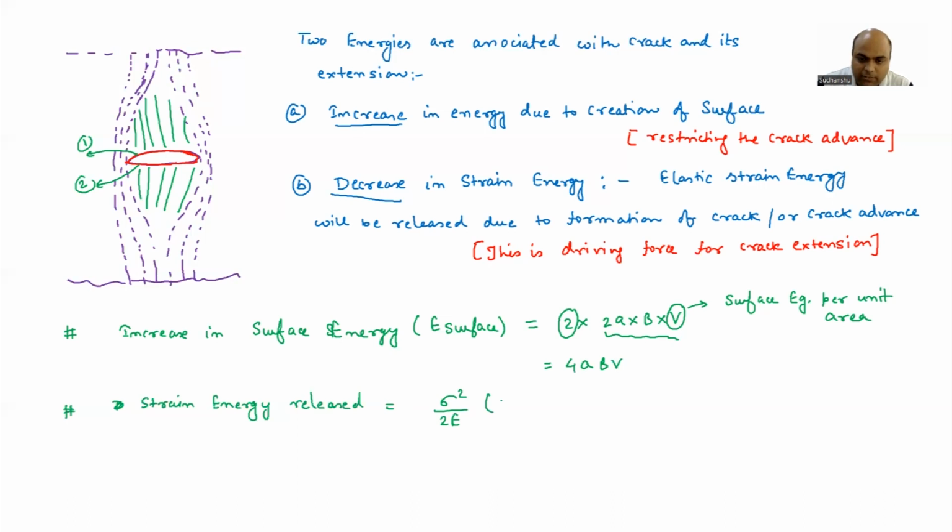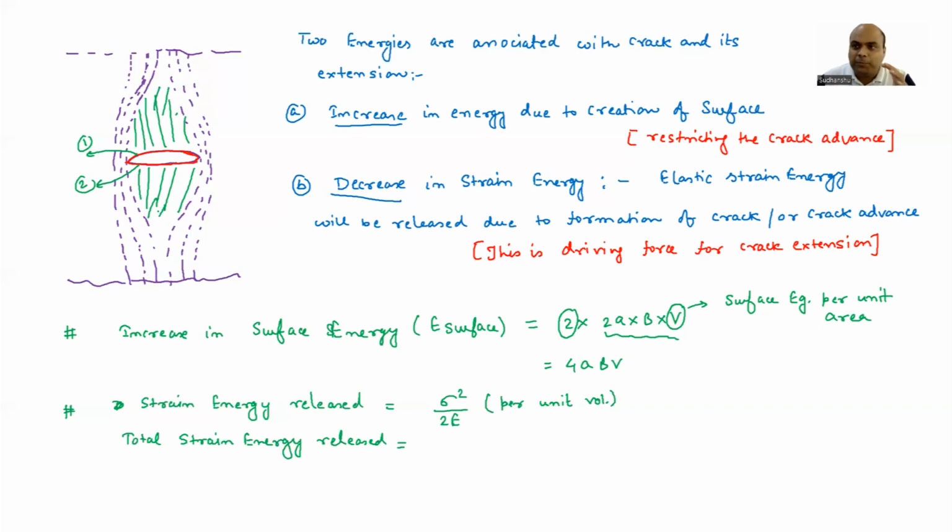This is given per unit volume. So the total energy released will be this multiplied by the volume of this particular region, which I have marked in the green shade.